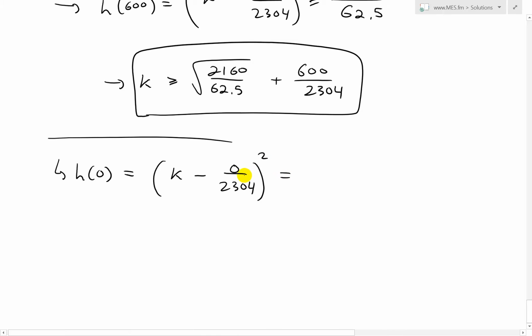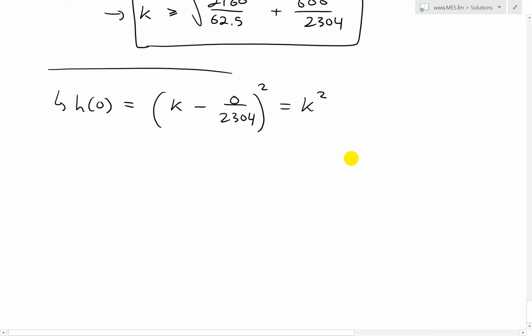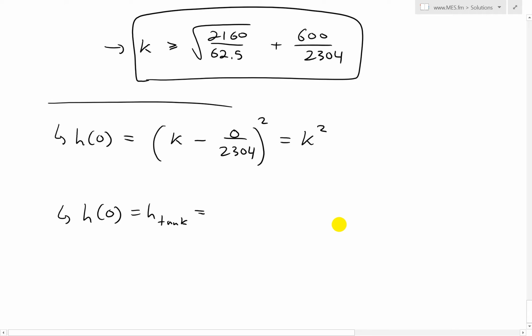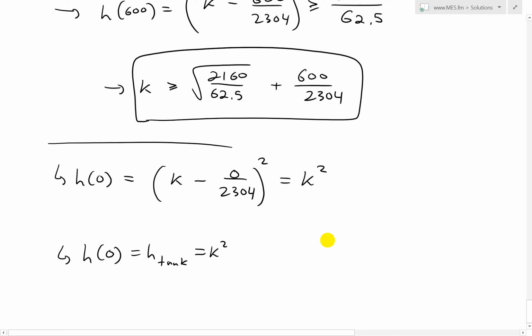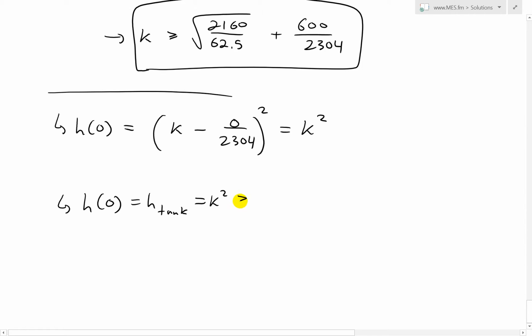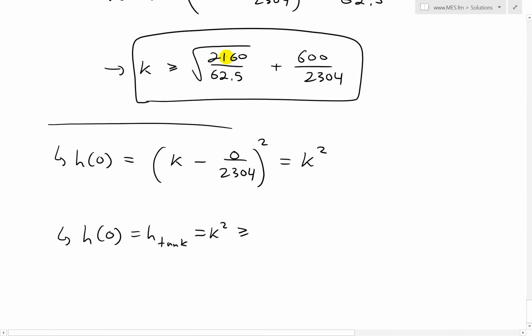This just equals, well, this is k squared. So what that means is h of 0 equals h of tank, which equals the height of the tank, assuming it's completely filled, and this is just squaring all this. This equals k squared, where k squared is greater than or equal to, so the height of the tank has to be greater than or equal to, and then we plug in this whole value in there.